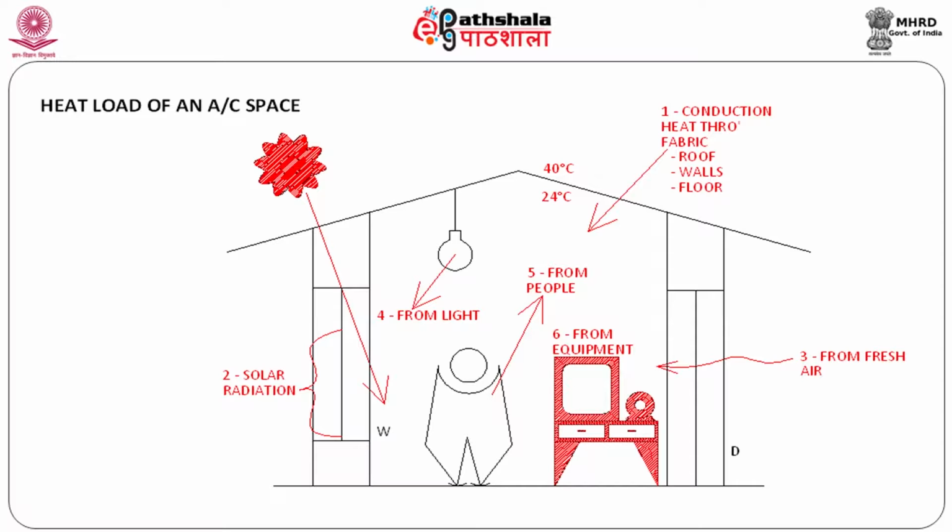You will see that the external sources are heat from the walls, heat from the roof, heat through glass. This is different from what would come through the walls. The wall heat is generally always assumed to be conductive heat. Because the outside is hot, one surface of the wall is hot, one surface is cold, and heat moves in through the wall by way of conduction.